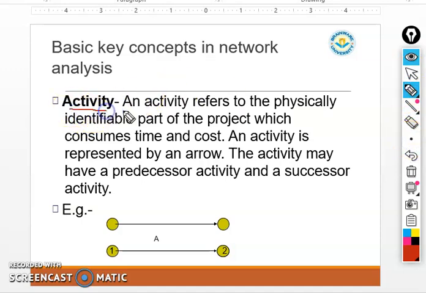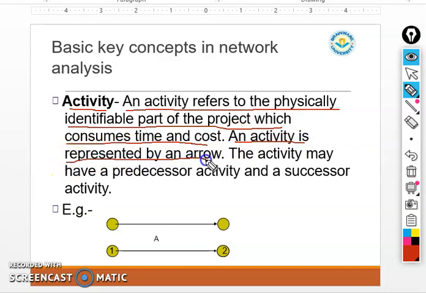An activity refers to the physically identifiable part of the project which consumes time and cost. An activity is represented by an arrow. When we construct a network diagram, an activity should be represented by an arrow.